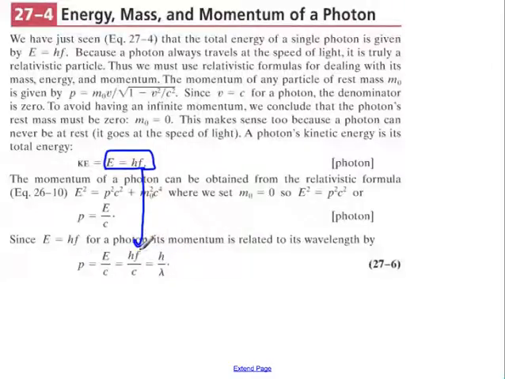So h, if you look at f over c, go back to the main equation, which you're going to be using a whole bunch: the velocity of something is lambda, its wavelength, times its frequency. For this, the velocity is c, so c equals lambda f. We're going to use that over and over and over again. If you can do that, you can do most of this chapter, I would bet.